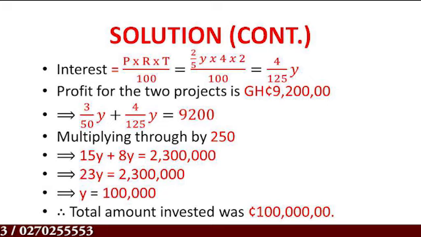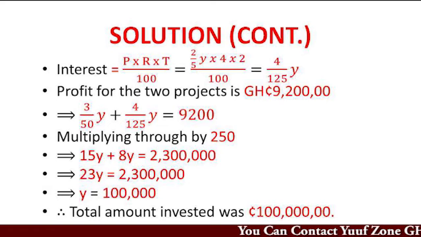And then from there, we move to the next aspect of the question. We said that the interest is 4 over 125y, and when you do your computation on your calculator, you should be getting that. Then we look at the profit, which is given in the question: 9,200 Ghana cedis.